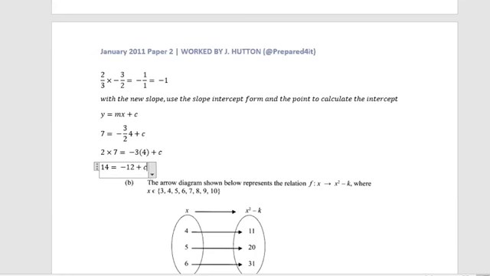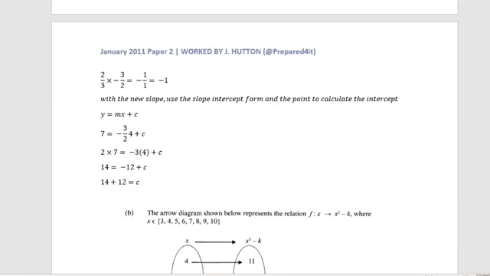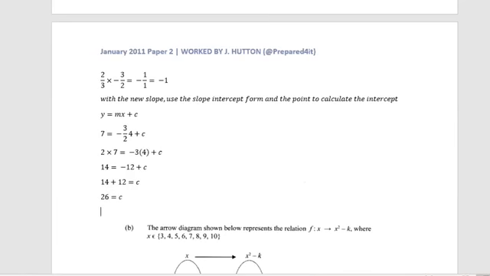And we're now solving for c, so it becomes 14 plus 12 is equal to c, and 14 plus 12 is 26, so 26 is equal to c. So now I know what c is. I can rewrite my new equation, which will represent the perpendicular line which will go along with the original line which was given.